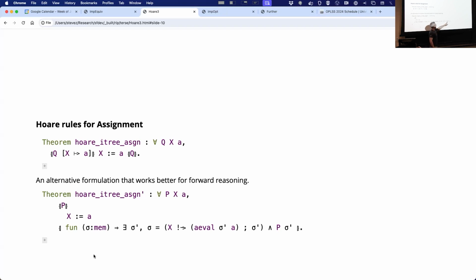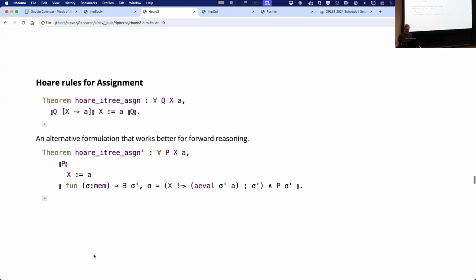And then also, the precondition must have held of the initial state. So this is just saying that sigma prime here is the state that we assume satisfies P. And if we start in that state, well, then we get to some place where we've updated the memory to have X maps to A.